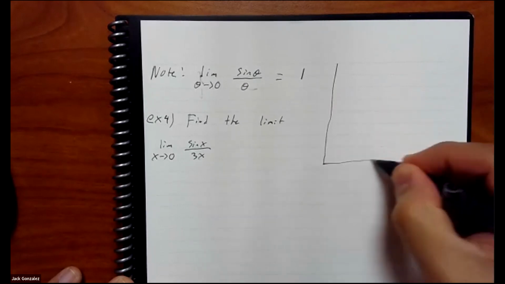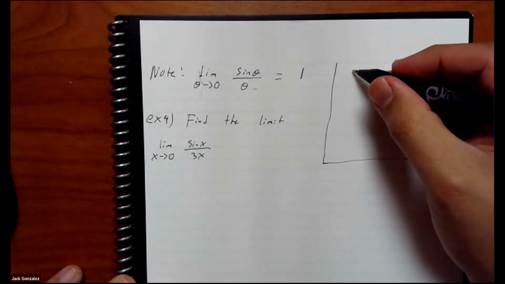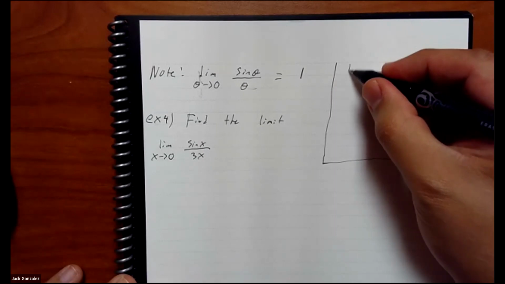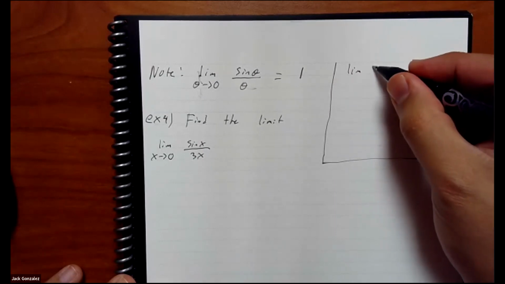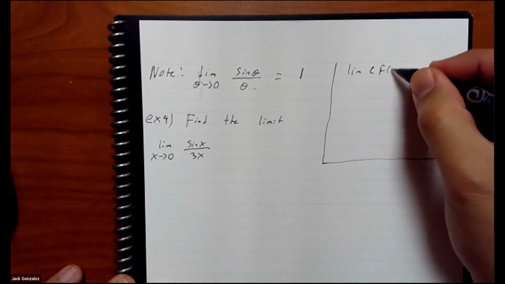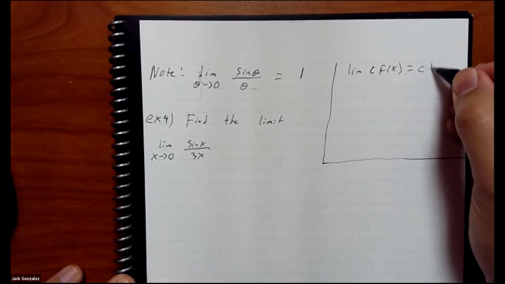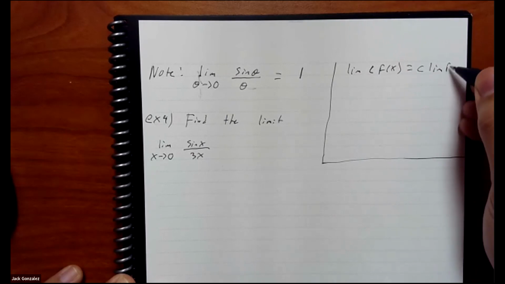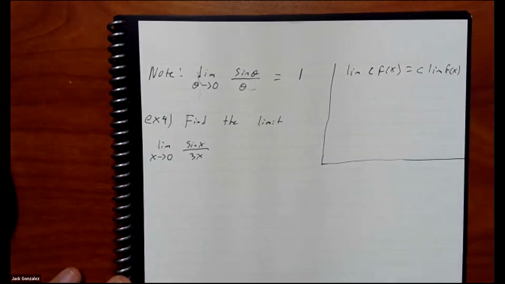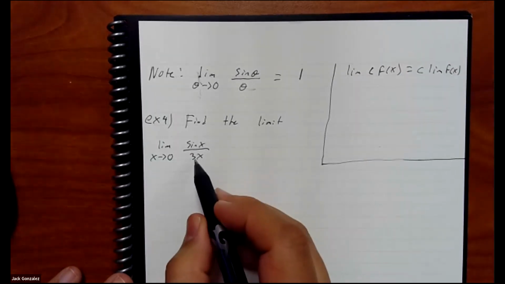One of them says you can pull out a constant. So you have some constant c times your function, then you can pull out that c in front of your limit. So I can pull out this 1/3.